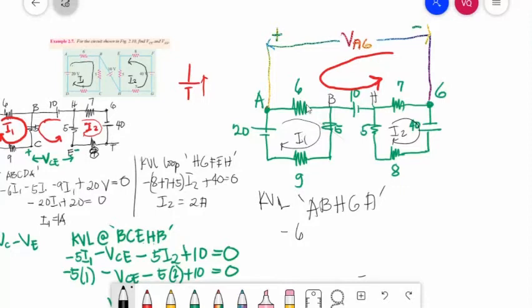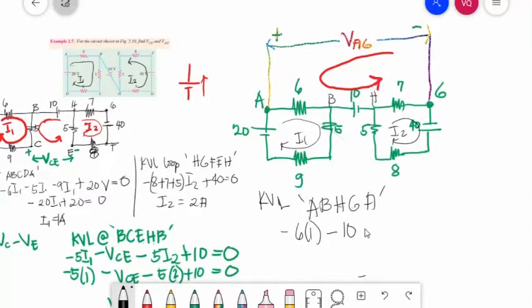6, negative 6 times I1, the current flowing in 6 ohms, times 1. My motion entered the positive sign of a source, so that is minus 10. Then same motion again, HG, with the direction of current.